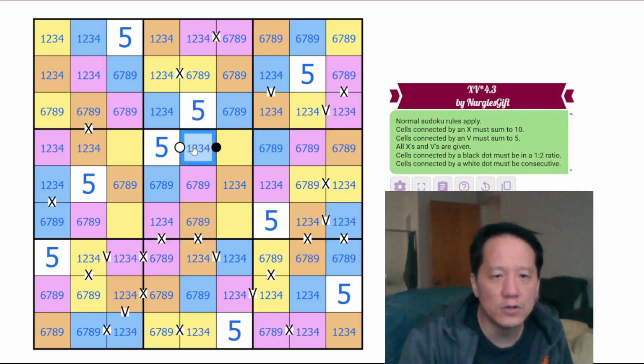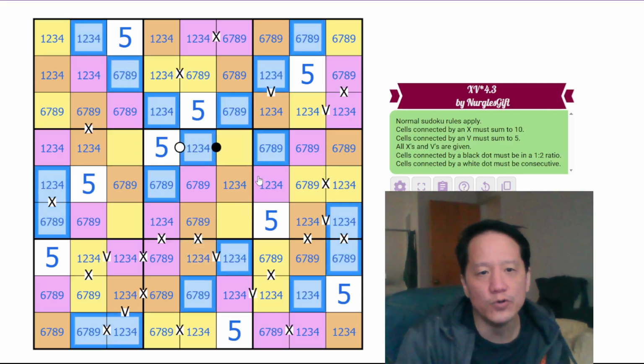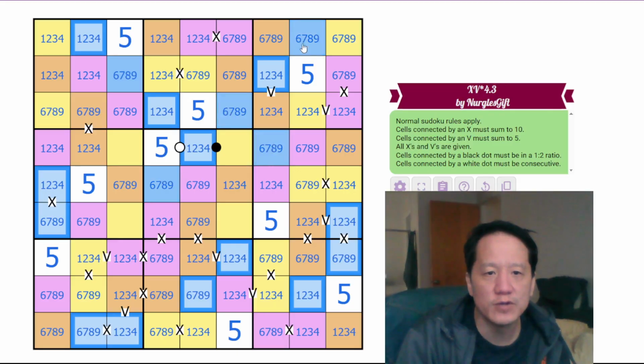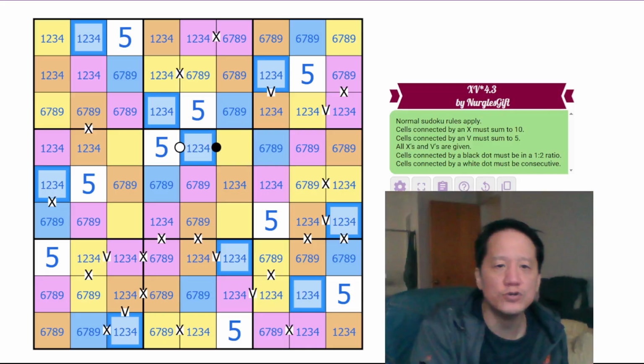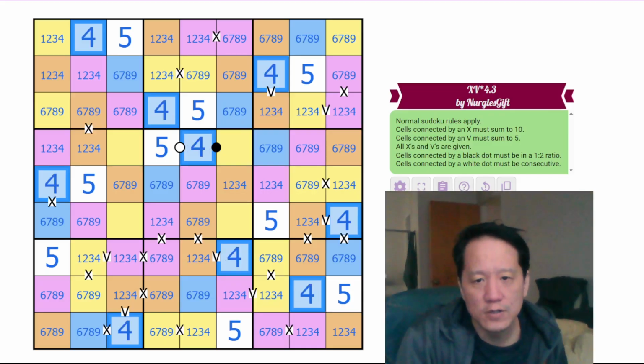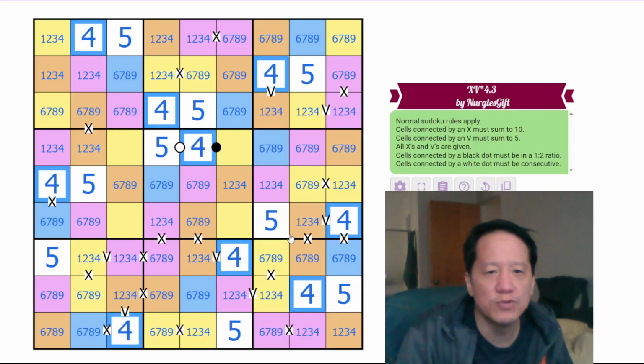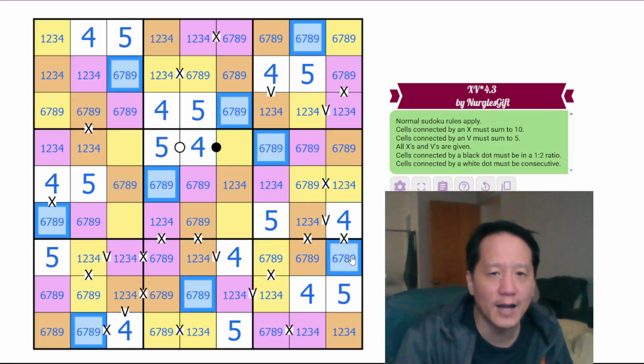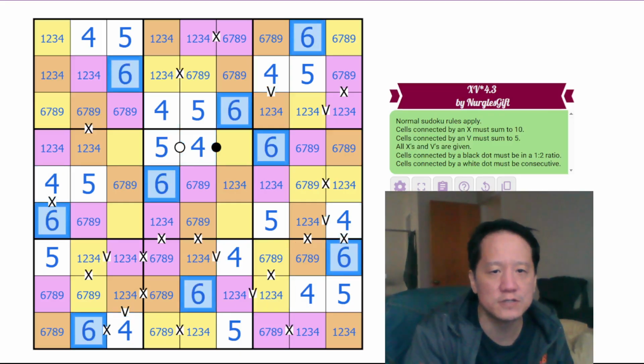So we know the low blue must be 4 to be consecutive with 5. So we can move all those and get just the low blues. So those are 4, which we can remove blue from. So then the high blues are 6.